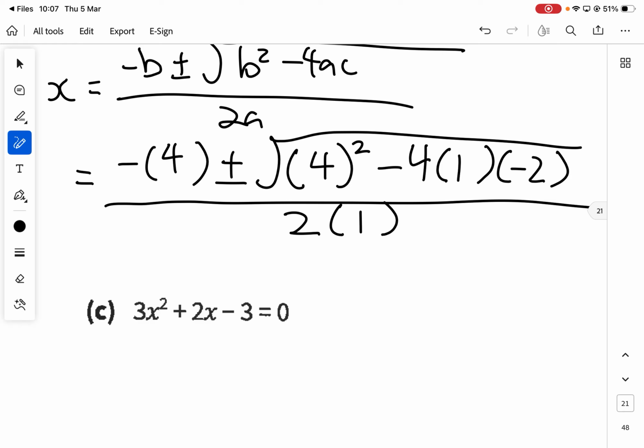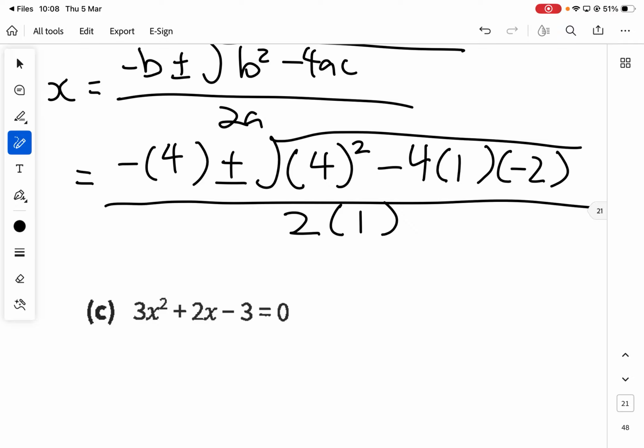Okay? So I'm going to show you. I will first press the fraction button to make this whole fraction come out. Then in the numerator, I will key in negative bracket 4. Then I will press plus. Here I press plus. Then I press the square root sign. Then I will press a bracket, put the 4 inside. Then I press the square button.